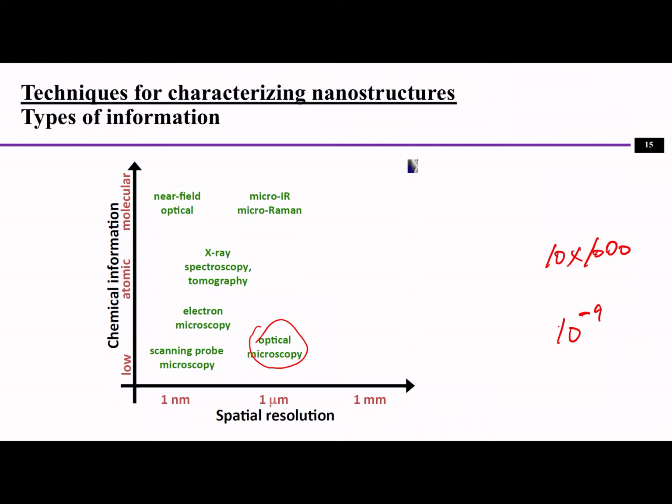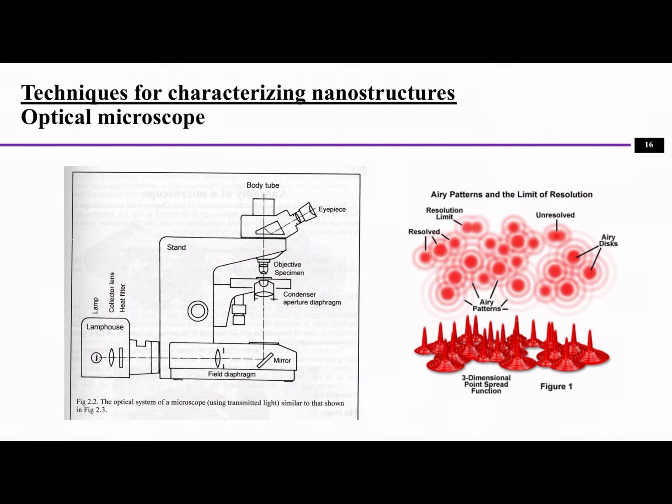Then we'll have to think about either developing other methodologies or techniques in order to see them, or finding a way to give the traditional optical method more magnifying power. So this is a traditional optical microscope, as you can see from the setup.